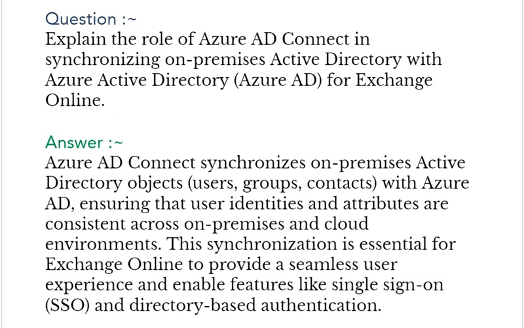Our next interview question is: explain the role of Azure AD Connect in synchronizing on-premises Active Directory with Azure Active Directory (Azure AD) for Exchange Online. Your answer should be: Azure AD Connect synchronizes on-premises Active Directory objects, that is users, groups, and contacts, with Azure AD, ensuring that user identities and attributes are consistent across on-premises and cloud environments.